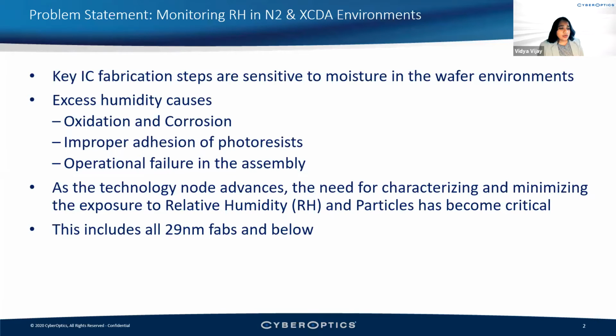And as the nodes get smaller and smaller, it is much more critical to characterize how much relative humidity there is, and also to understand what the contaminants are. This includes all 29 nanometer fabs and below.